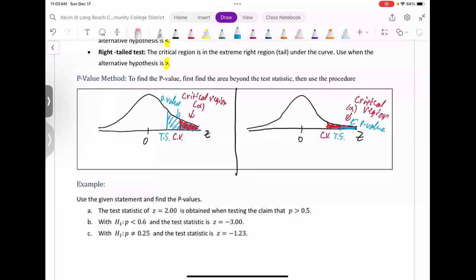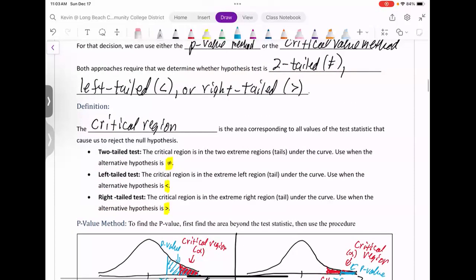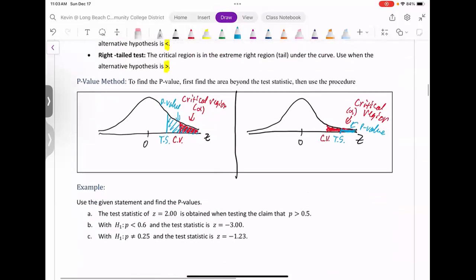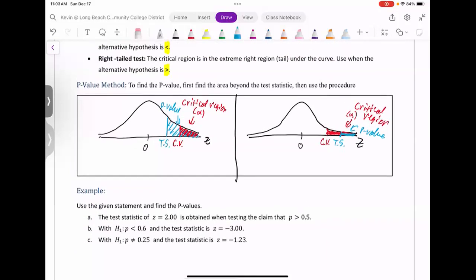And here's what we want to look at. Two things. Remember, there are two ways that we're going to view this. The p-value method or the critical value method. The critical value method asks: is the test statistic in the critical region? For the left one, the answer is no. The test statistic is not in the critical region. For the right example, yes, the test statistic is in the critical region.